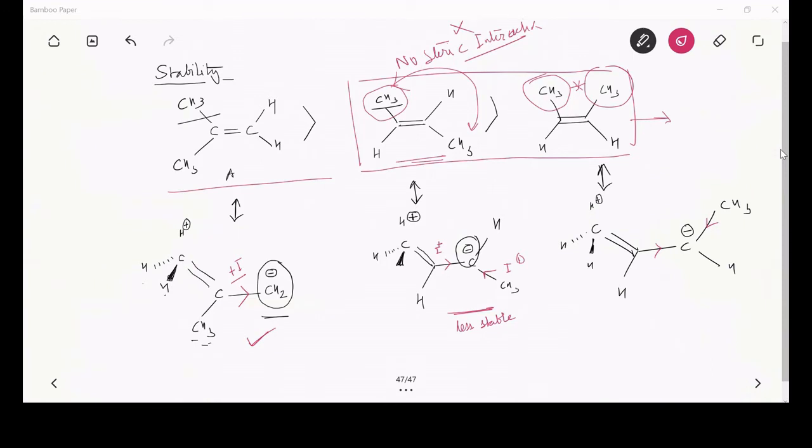You have E1, E2 reaction, isn't it? Yes, sir. Okay. But E1CB was not there, isn't it? Not sure. If you're not sure, you can say that you're not sure. Might be there. Okay.